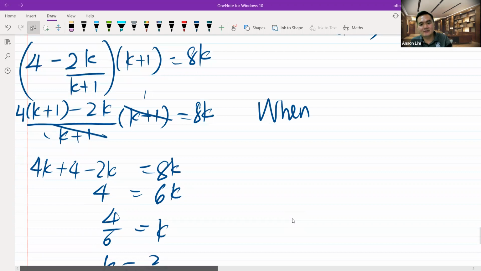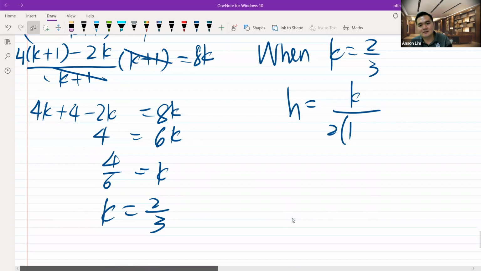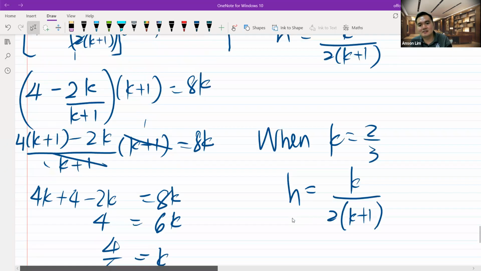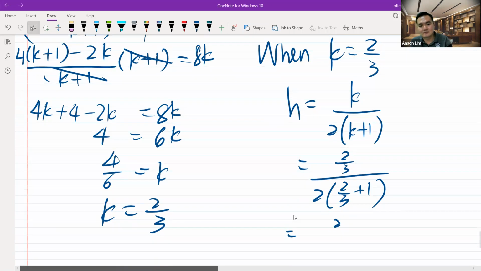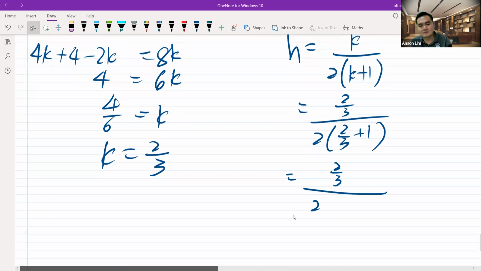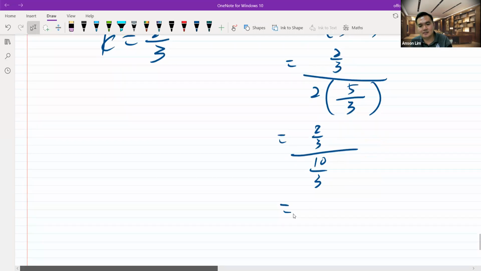Then when k equals 2/3, your h equals k over 2 times k plus 1. You hate fractions. They purposely make you see fractions. 1 plus 2/3 will be 5/3. Cut 2/3 and then 10/3 answer. Cut, 1/5. Wow.